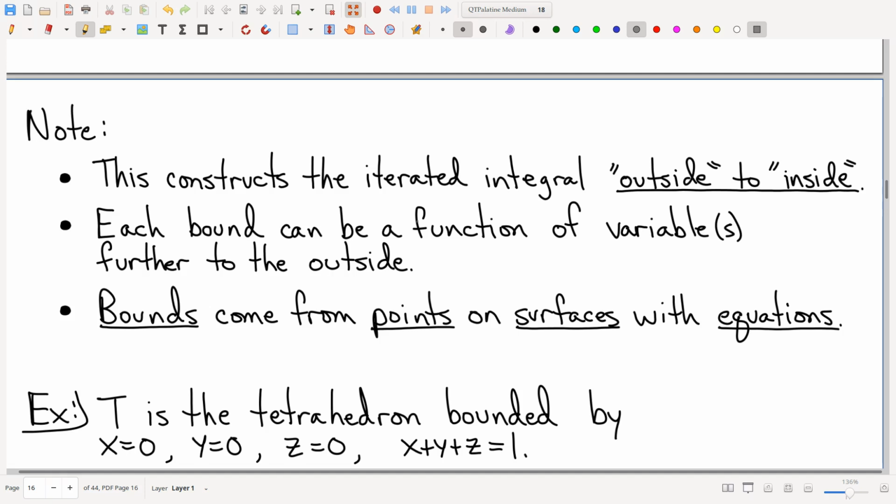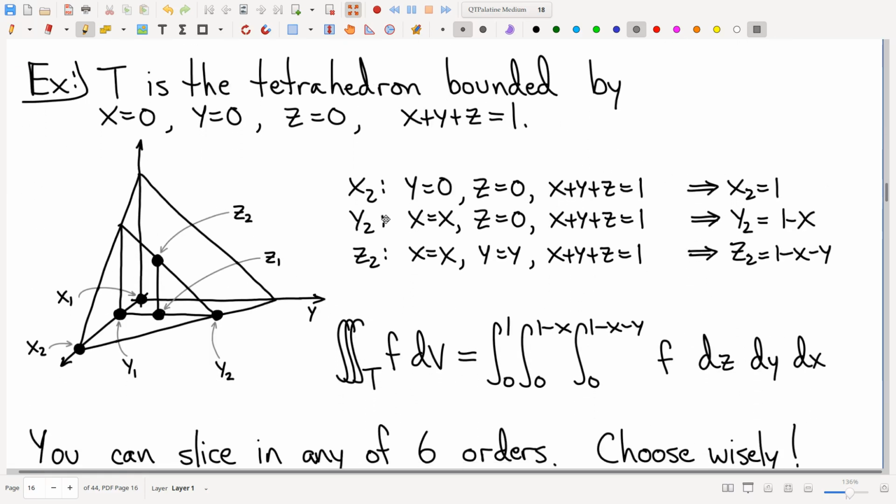And then this other generic observation we've made with double integrals: if you want to know a given bound, it comes from looking at certain points that you can identify in your picture. Those points will be on various surfaces, possibly a surface, possibly several surfaces. Those surfaces will have equations, and then you can just solve for whatever variable you need. Okay, so let's do an example.